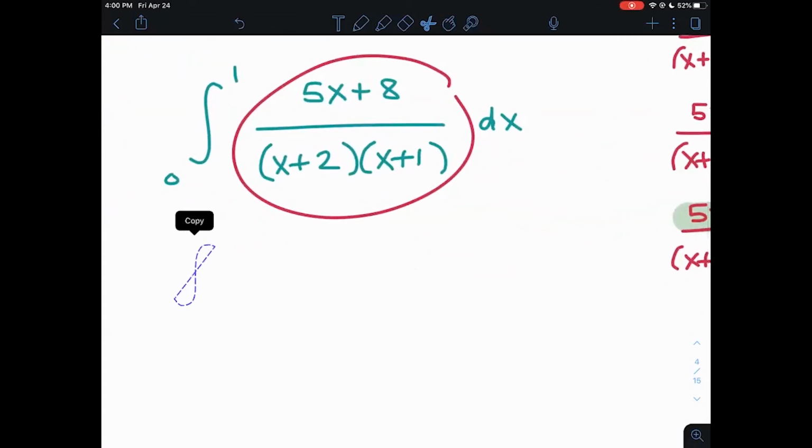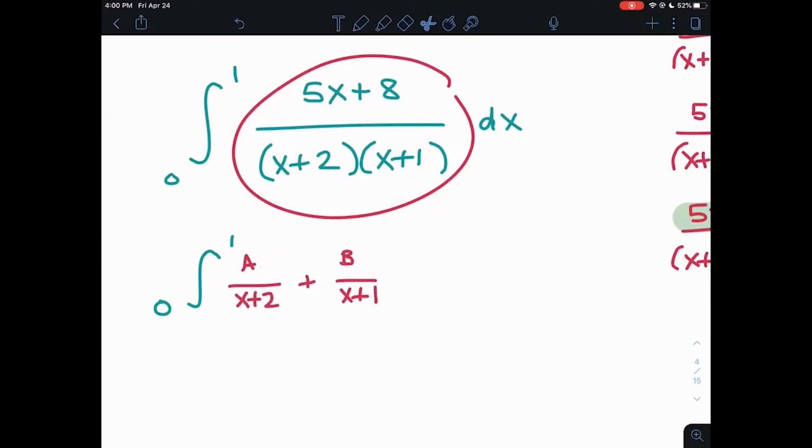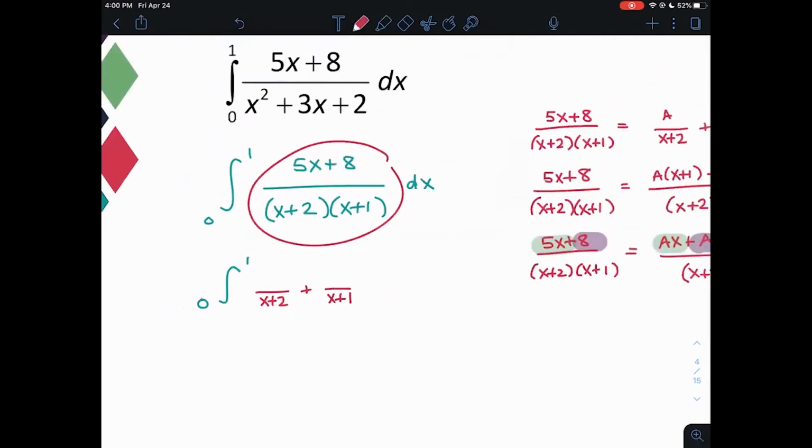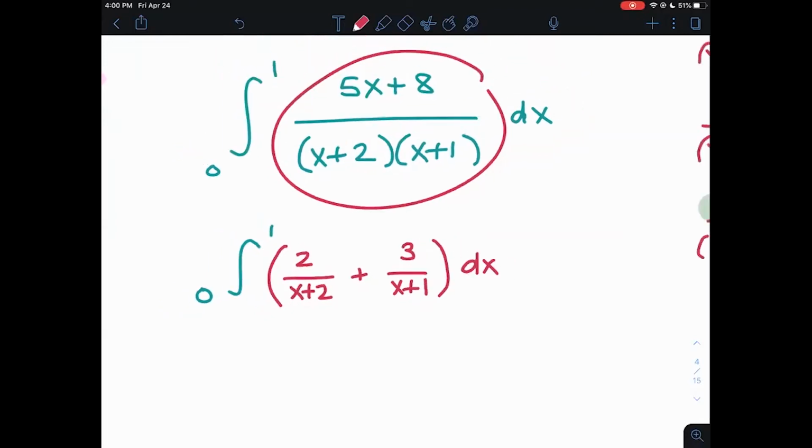I can rewrite my integral as the integral from 0 to 1 of a over x plus 2 plus b over x plus 1. And I now know what a and b actually are. I know that a is 2 and b is 3. And I'm integrating all of that with respect to x.